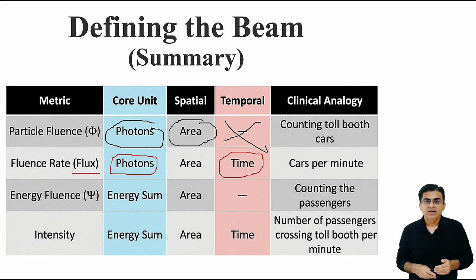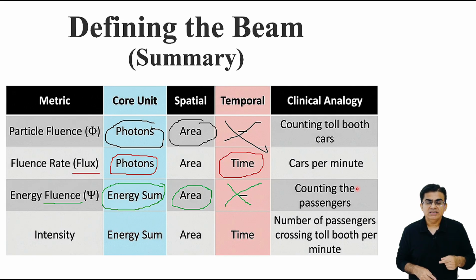Third, we move to energy fluence. Here we stop counting the vehicles and look at the total energy sum. We are still looking at our fixed spatial area without a time limit. Our analogy here is counting the total number of passengers sitting inside all those cars crossing the toll booth.